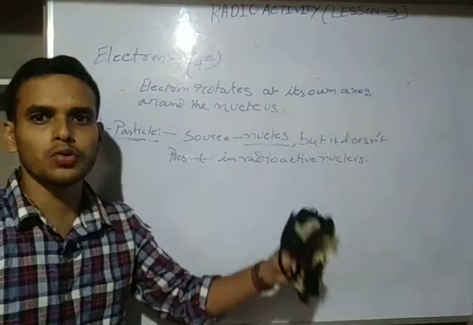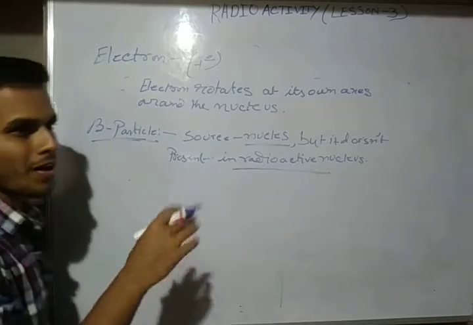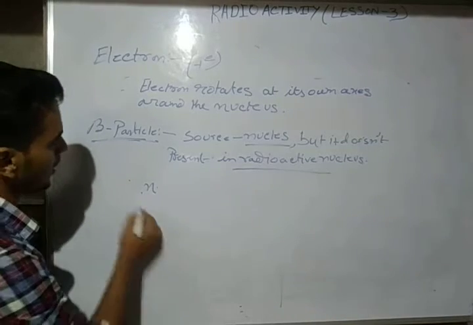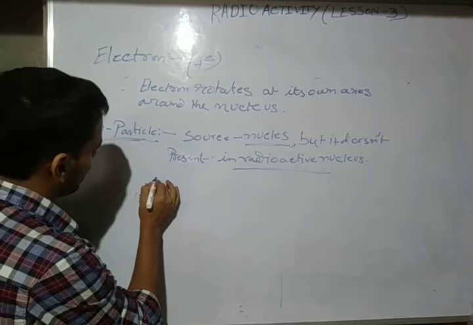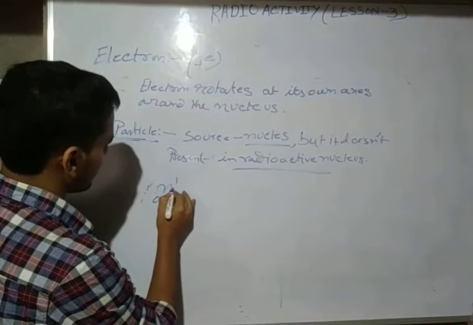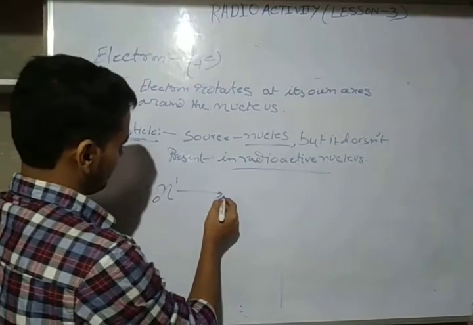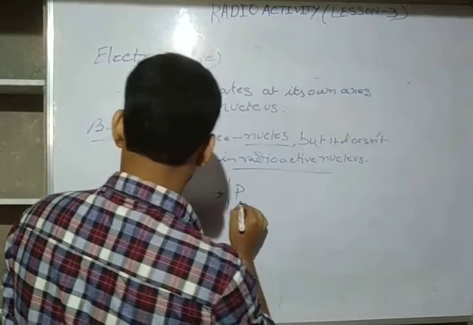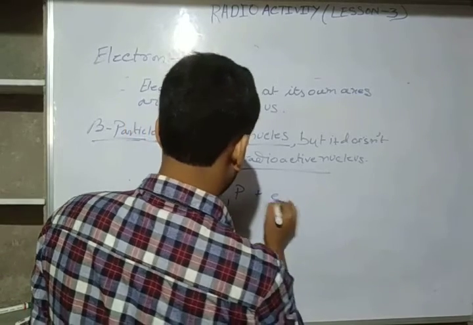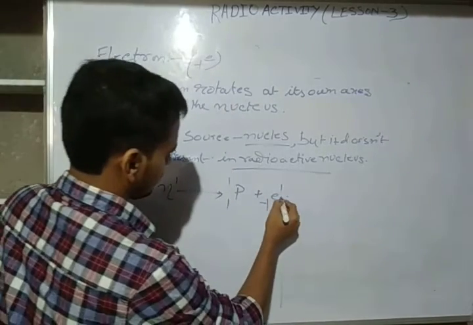When the neutron to proton ratio becomes high in a radioactive nucleus, then to minimize the neutron proton ratio, a neutron is converted to a proton and ejects a beta particle in form of an electron. This is beta particle.